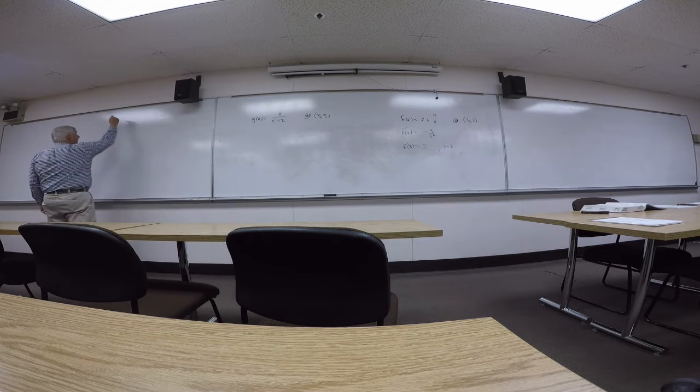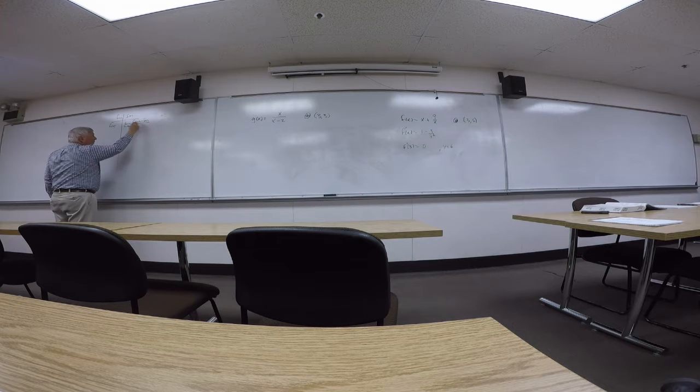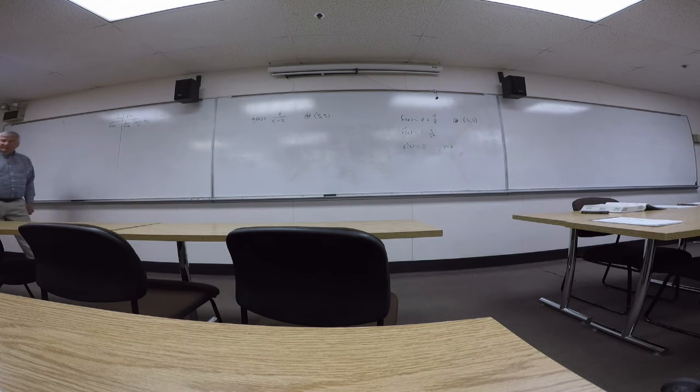So if I have f of x and f prime of x, then the definition is the limit as h approaches 0 of f of x plus h minus f of x over h, where that limit exists.